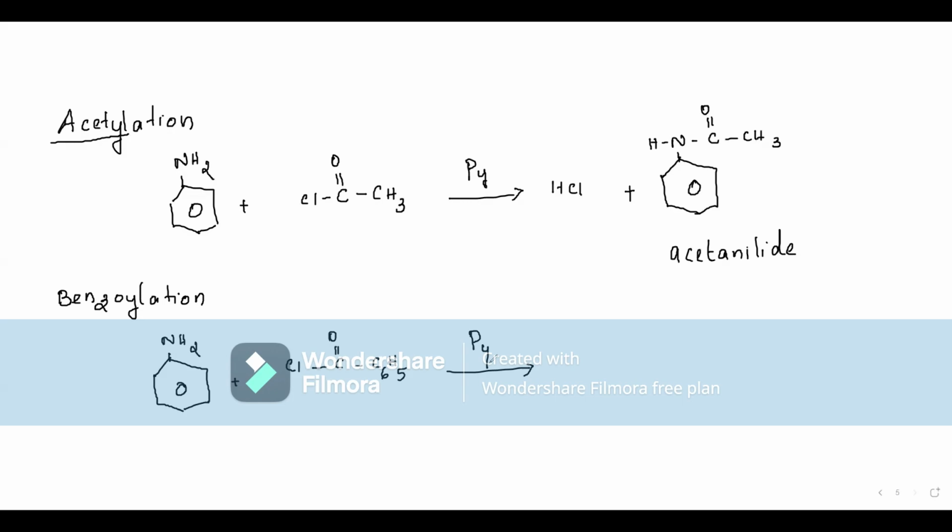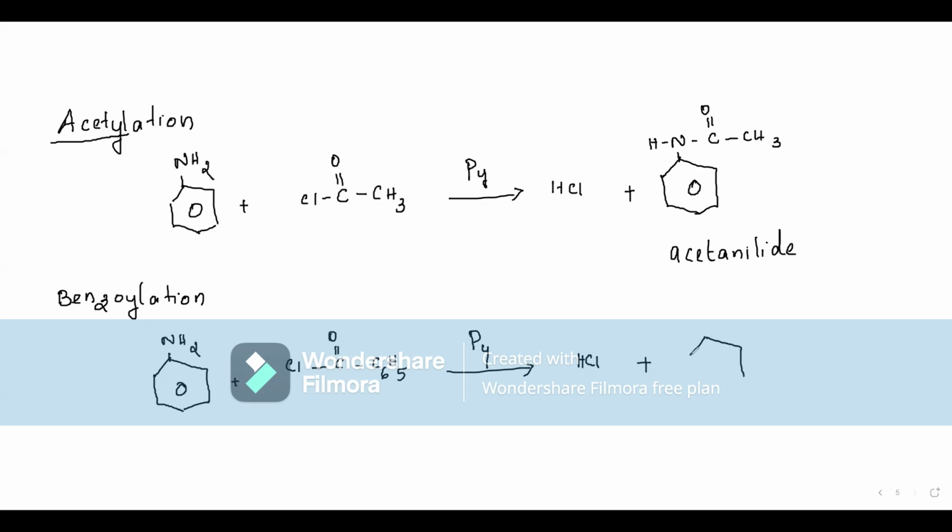No problem, no difference. Now, H and Cl is removed as HCl. I hope you understand. One hydrogen is taken from NH2 and a Cl from benzoyl chloride. There is only one Cl, so that Cl from benzoyl chloride is removed.